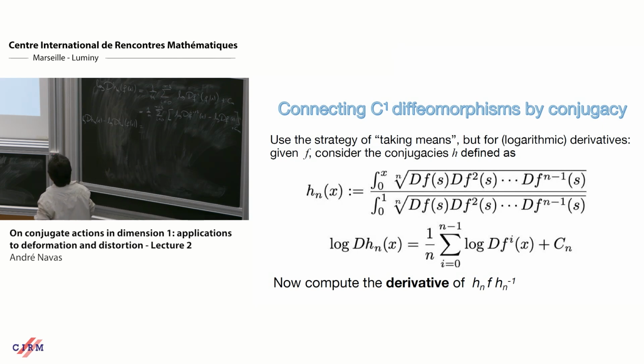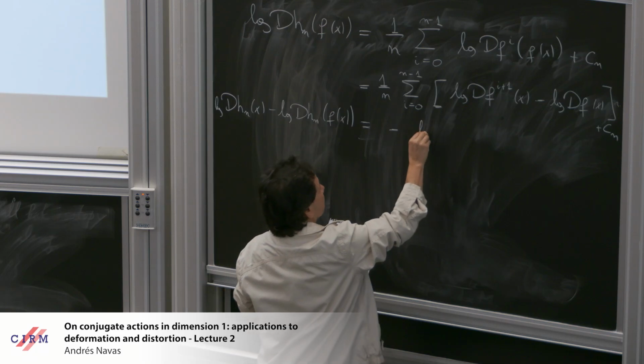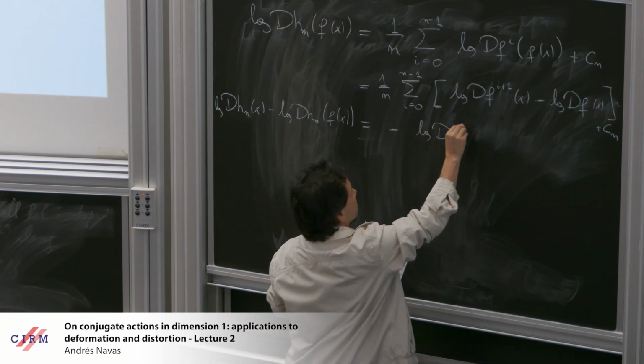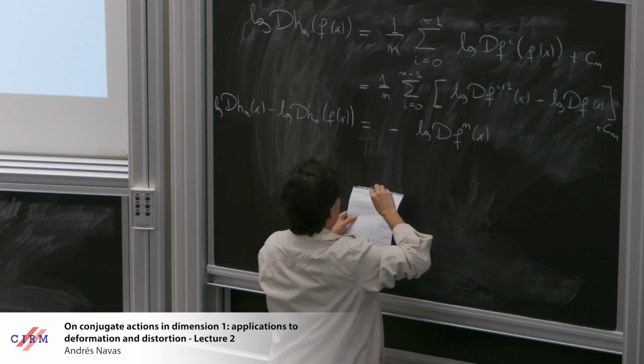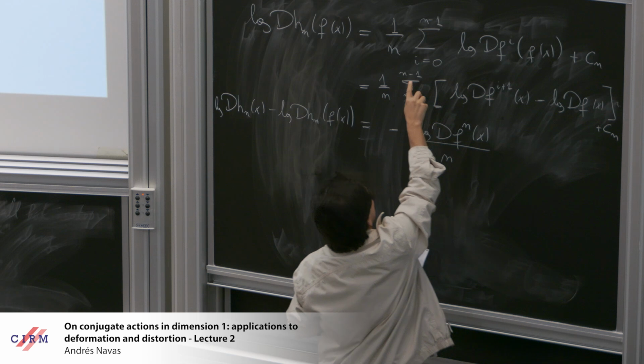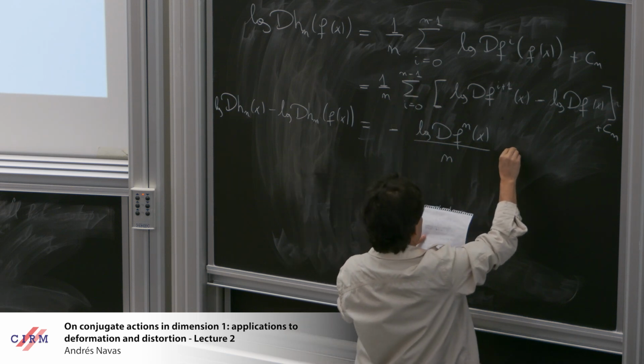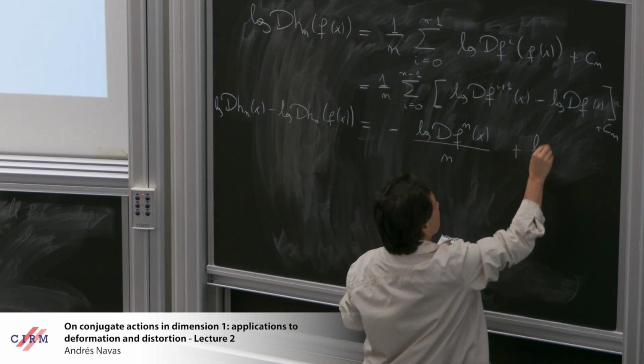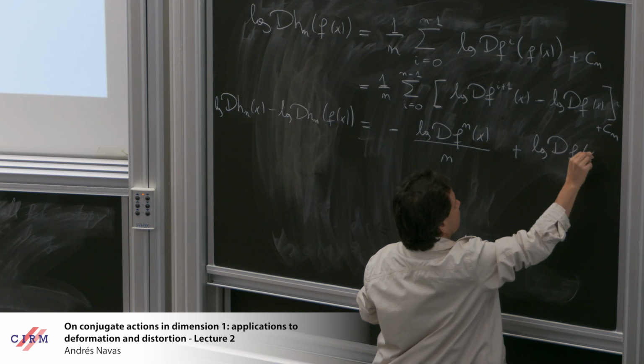And the constant disappears, and what we get is minus the logarithm of the derivative of f to the power n of x divided by n. And this is a constant that is repeated n times, so this is plus the logarithm of the derivative of f.